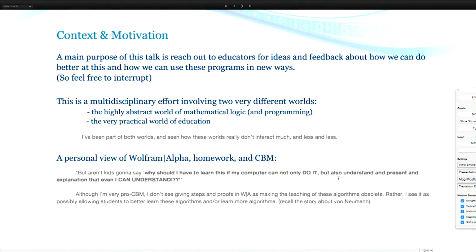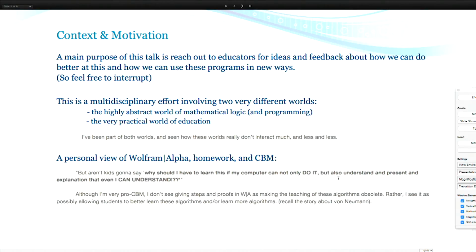One comparison I'd like to make is the story of John von Neumann, which you might know. He's famous for going to the backs of math, science, and physics books and reading all the formulas and memorizing as many formulas as he could. And in that way, he could pick out, apply different formulas and algorithms to different research areas and make some amazing contributions.